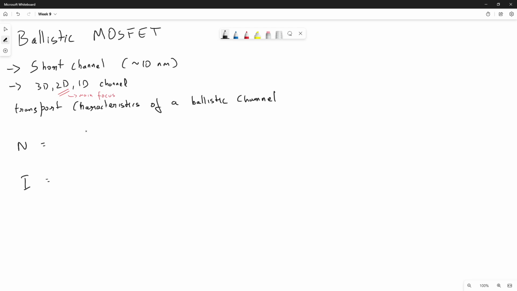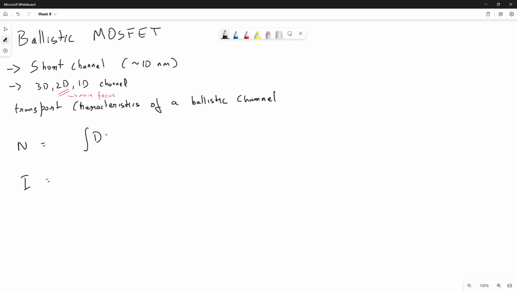Integration of dE into F1(E) plus F2(E) divided by 2, into dE.